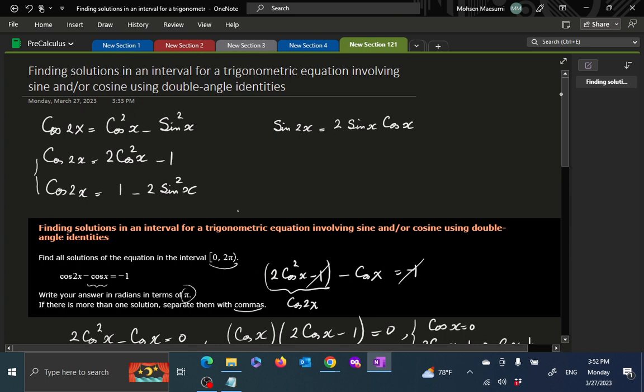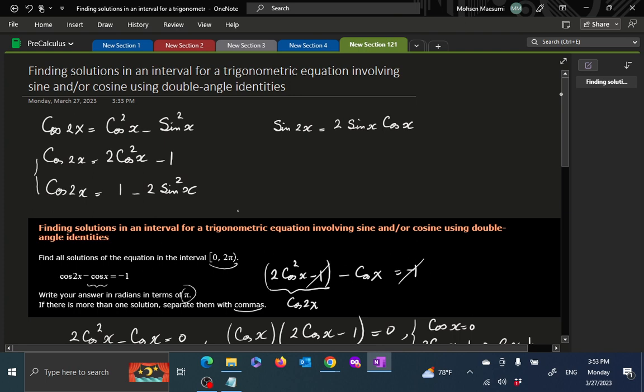The idea is always to try to reduce how many functions show up in our equation. So when we are doing this one, cosine of 2x, we use this formula so that we stay within cosine. If the other term was sine, we would have used this one.